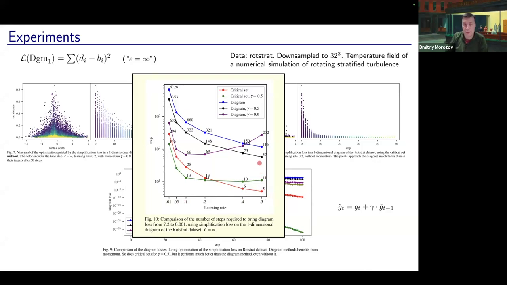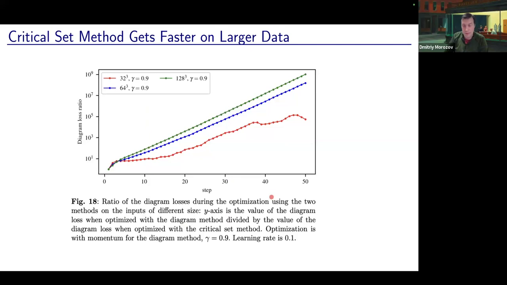In the best case scenario for this problem, it requires 10 times fewer steps, and the number of steps decays as you increase the learning rate, which is very desirable. And then finally, there is some data to show that the critical set method gets faster as our data sets get bigger. Okay, I think this is what I wanted to say.